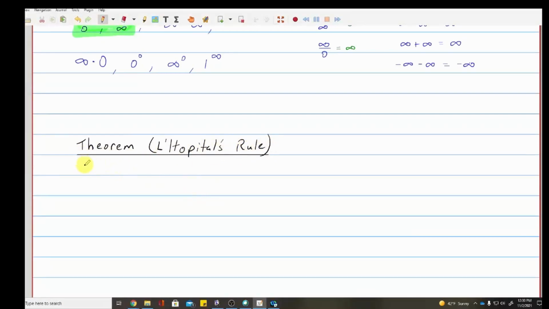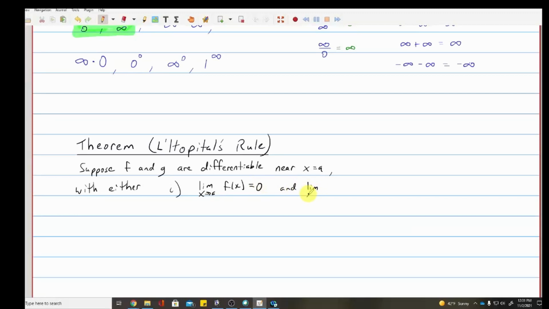Here's L'Hopital's rule. Suppose that I have two functions. Okay, I want my two functions to be differentiable, at least near this value of a, with either the limit as x approaches a of f of x is 0, and also the same for g, or they're both infinite.